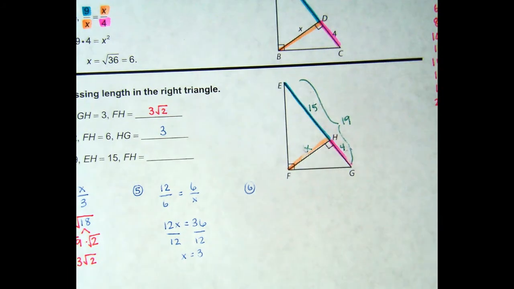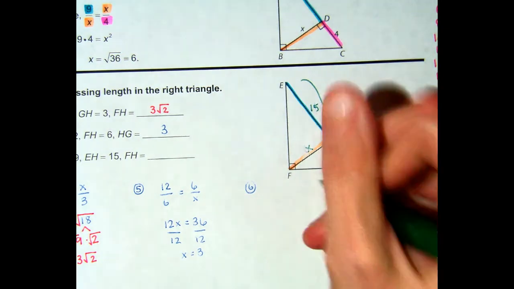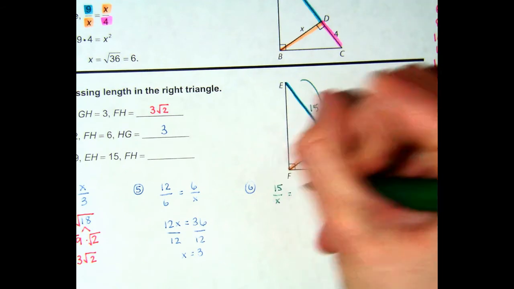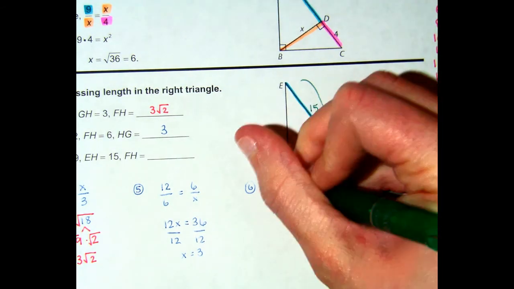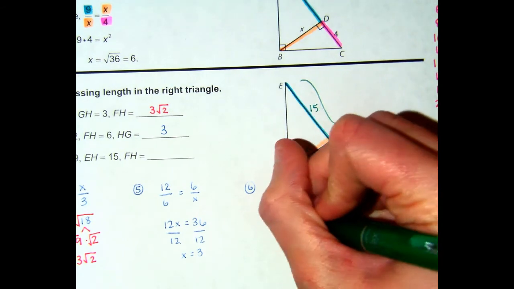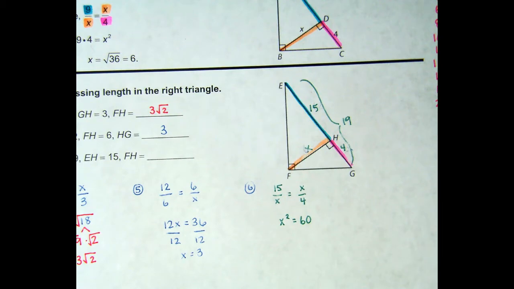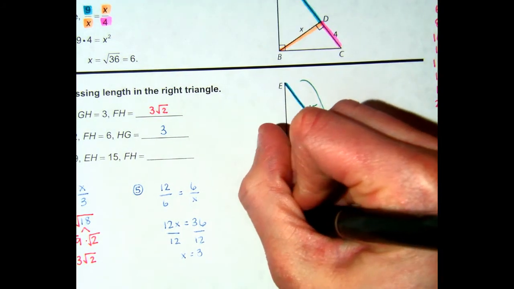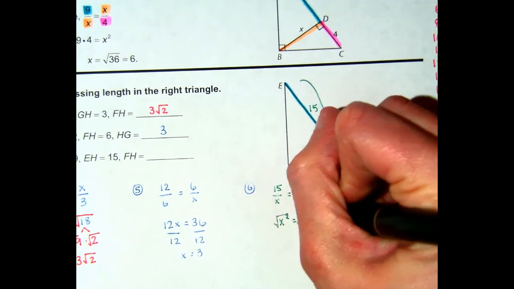Okay. Alright, then what did you set up for your proportion? Okay. 15 over x equals x over 4. Cross multiply, and you get x squared equals 60. Is 60 a perfect square? No, so we're going to have to simplify the radical.